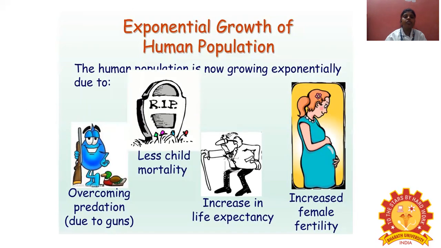Next, exponential growth of human population. The human population is now growing exponentially due to overcoming predation, less child mortality, increase in life expectancy, increased female fertility.